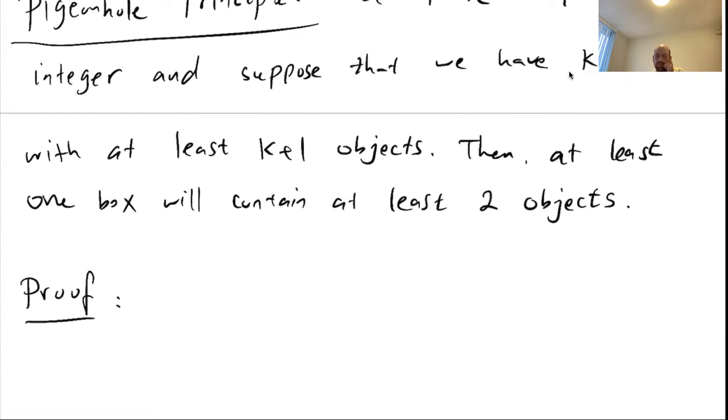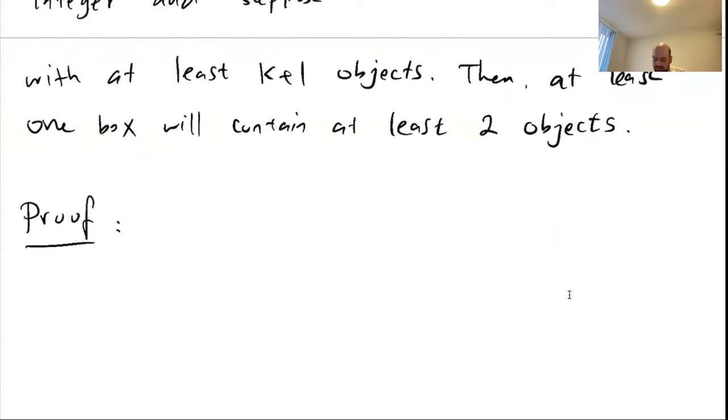Let's see how we can prove this. This is called a principle, but although it's called a principle, we can still prove it. So how can we prove it? First of all, we said we have at least k plus 1 objects. So let's call the number of objects m. So let m be the number of objects.